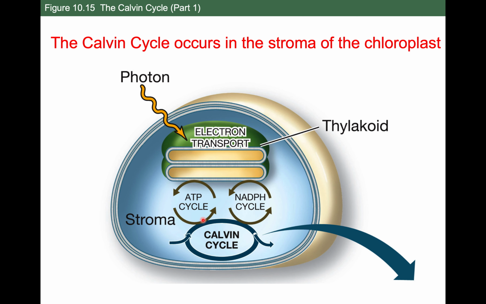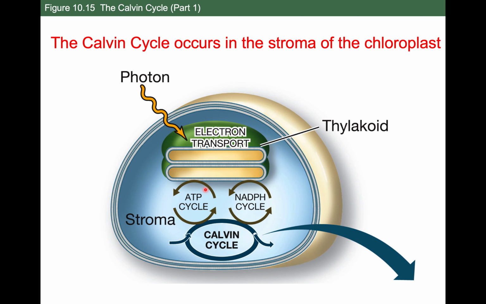You'll notice here they're referring to the ATP cycle and the NADPH cycle here between the light-dependent and the light-independent reactions, and that's just referring to the fact that the ATP that we make up here goes off to the Calvin cycle, loses a phosphate group and gets converted into ADP. The ADP then goes back up here and picks up another phosphate and gets converted to ATP.